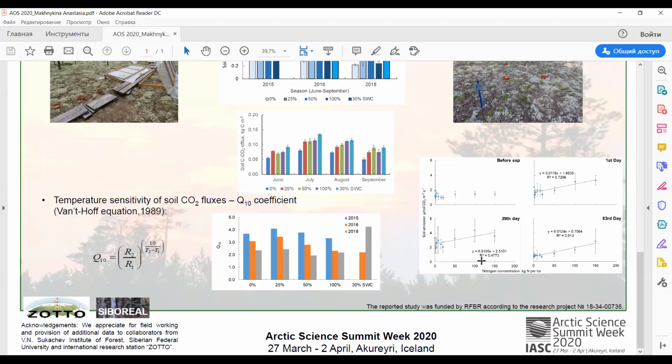Because soil microorganisms need some more water to catch the additional nitrogen which we added. And at the end of the season, it was the same picture as when we started the experiment: the biggest emission was observed in the site with the highest nitrogen concentration. So here I would like to stop.